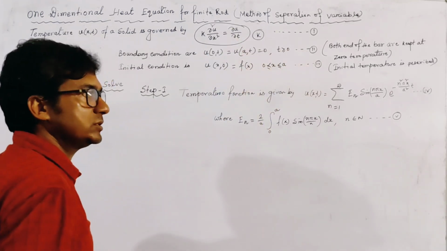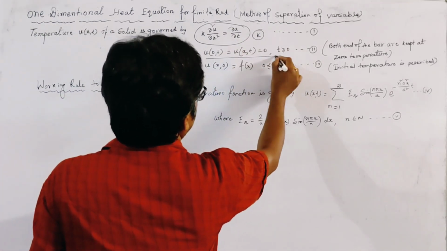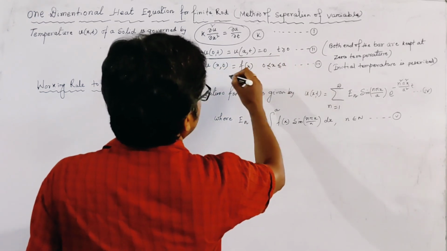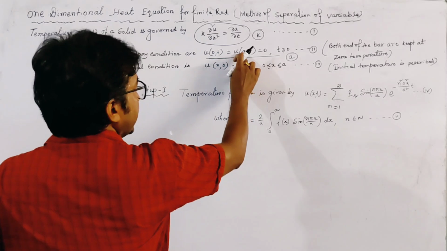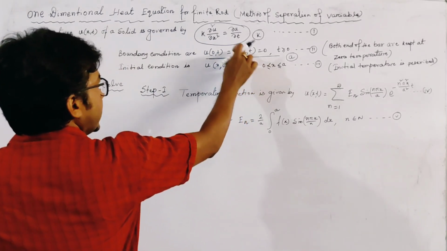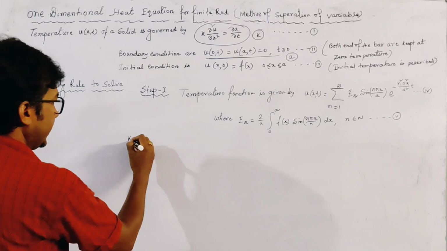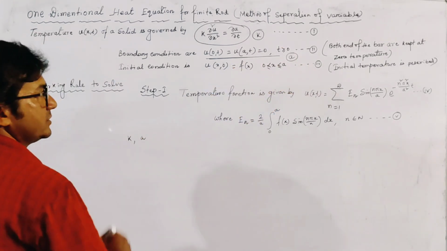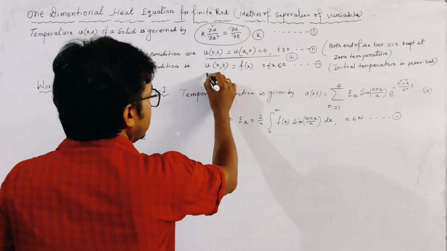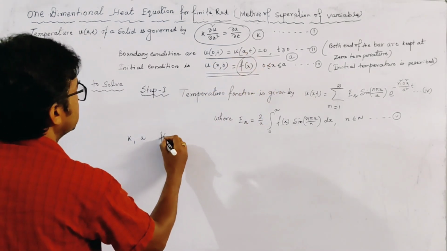From the second equation, equation number 2, we get the particular value of a, because here it is given as a. From the relation number 3 we get the value of f(x).